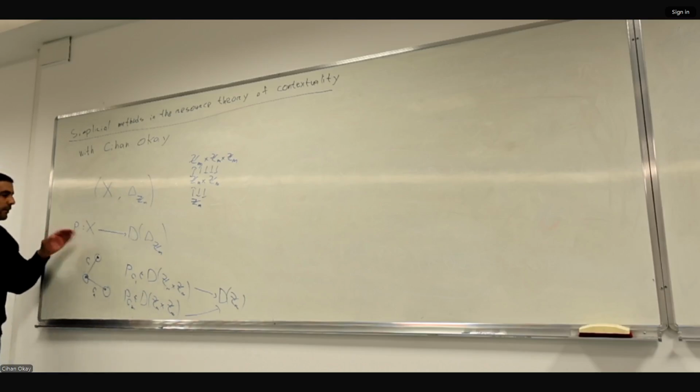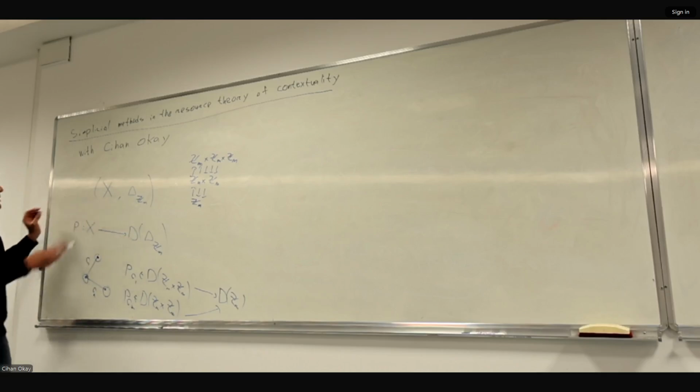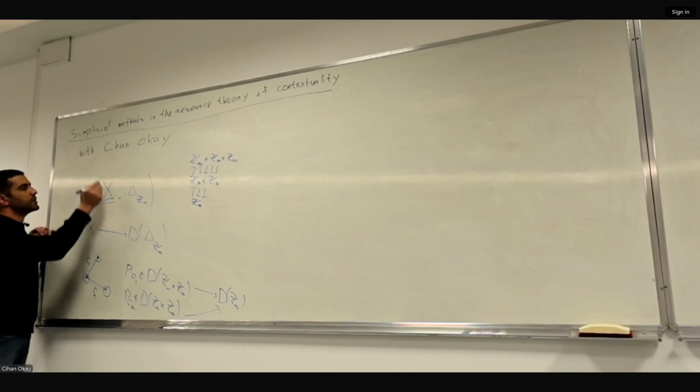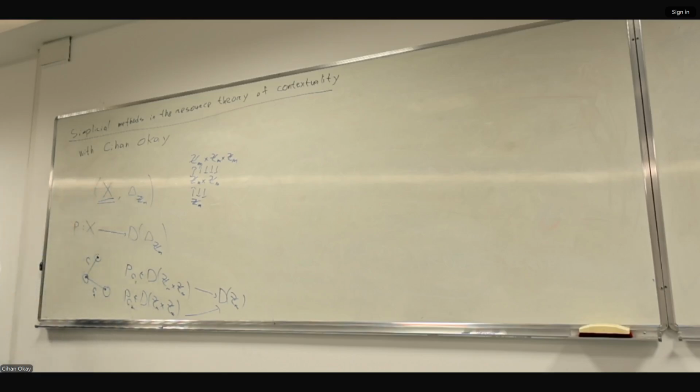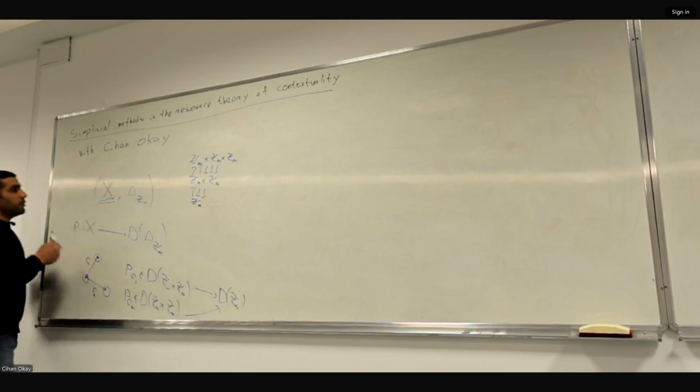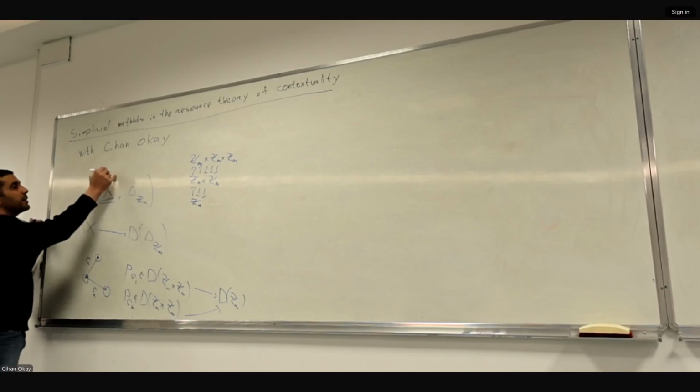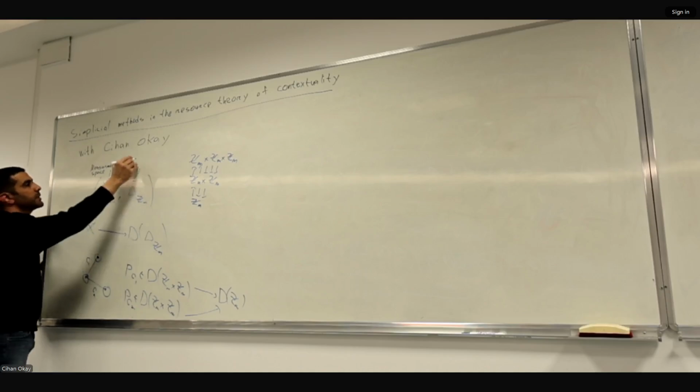This is explaining the scenario. This is called the measurement space because it includes the measurements and what I can do together, and this is the outcome space.